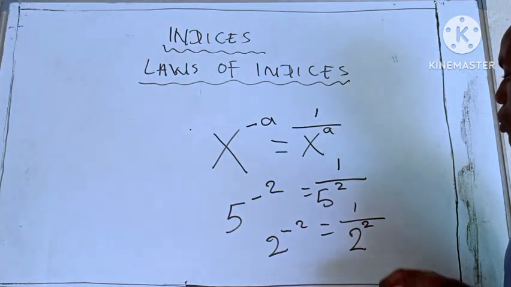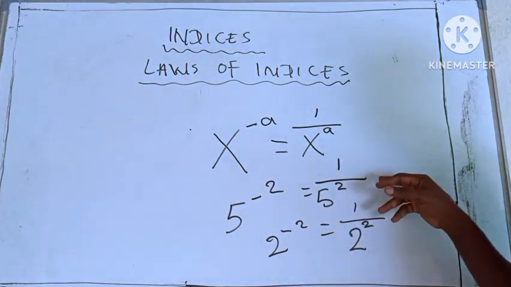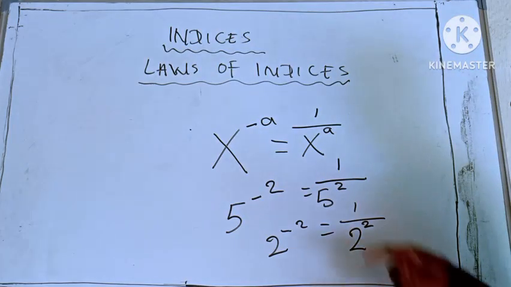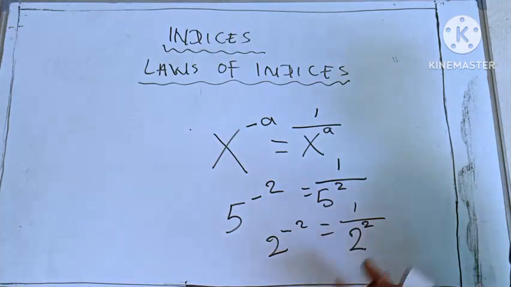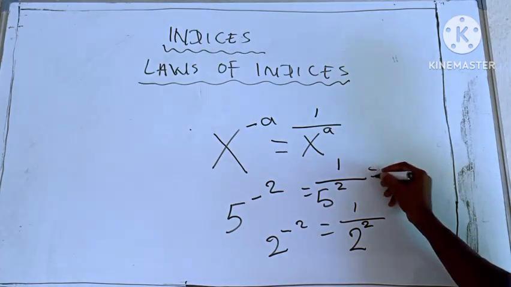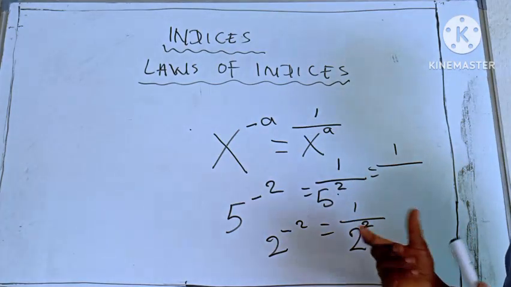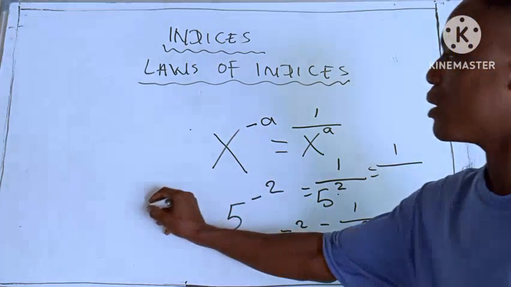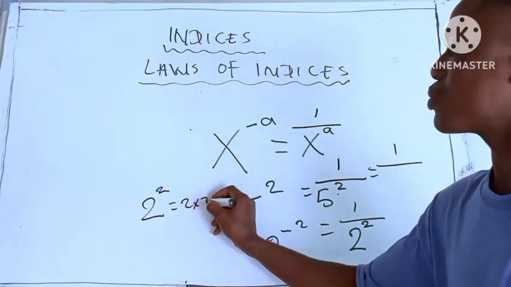Now, most of the answers might be in this form, but you can still change it. 1 all over 5 raised to power 2 means 5 square, so it will be 1 all over 5 times 5. When you have 2 raised to power 2, it means 2 times 2.